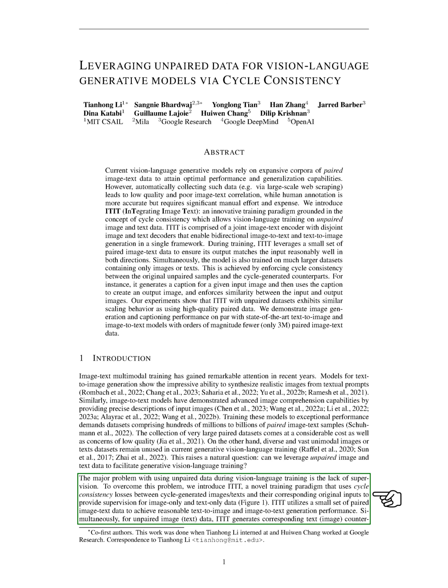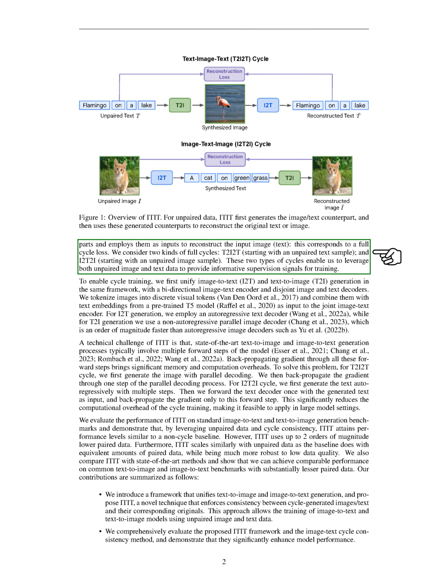At the same time, for unpaired image or text data, ITIT generates corresponding text or image counterparts and uses them as inputs to reconstruct the original input. This is known as a full cycle loss. We consider two types of full cycles: T2I2T, which starts with an unpaired text sample, and I2T2I, which starts with an unpaired image sample. These cycles allow us to use both unpaired image and text data to provide informative supervision signals for training.